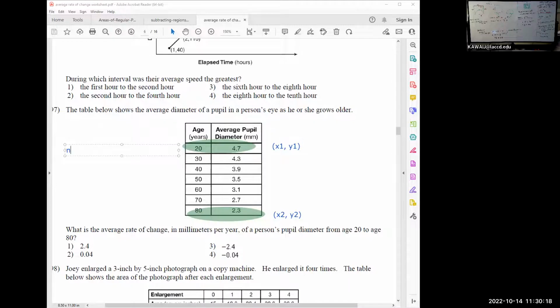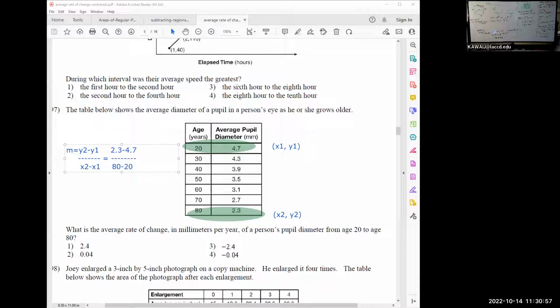So this will be m is equal to y2 minus y1, all over x2 minus x1. So we're looking at 2.3 minus 4.7, all divided by... Professor, that's 20, not 2 point.